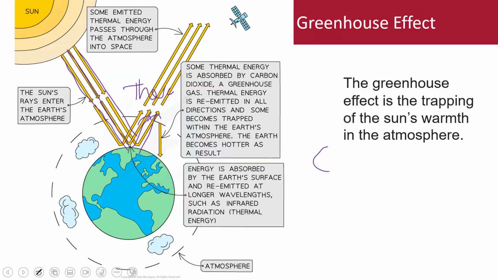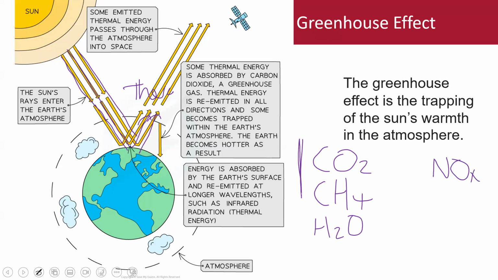What we have now done is introduced mainly carbon dioxide, methane, water vapor, and sometimes they call it the nitrogen gases. But the main two are those at the top there. We have introduced carbon dioxide and methane into the atmosphere, and by doing that, we have thickened the greenhouse layer, the greenhouse gases.